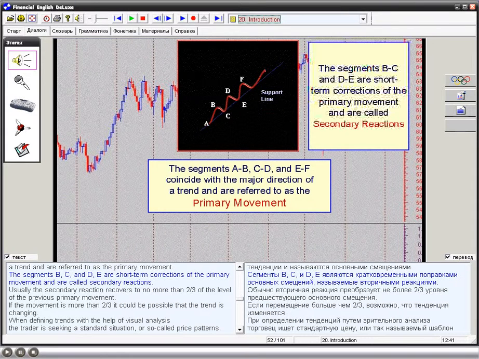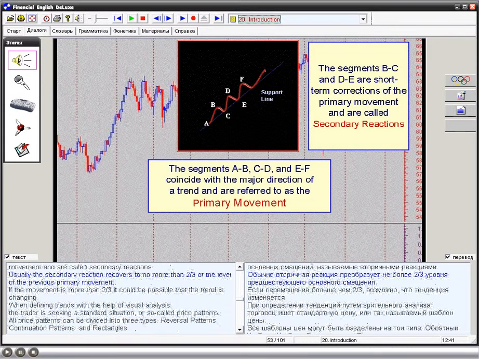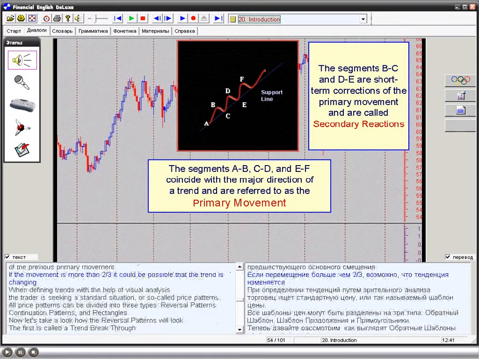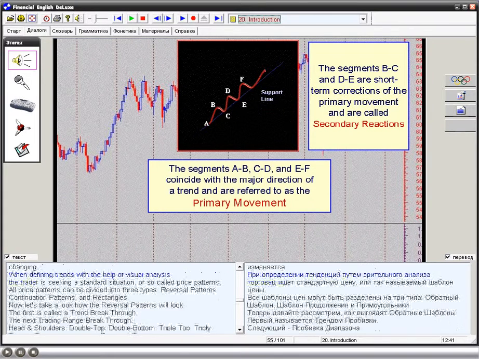The segments B, C, and D, E are short-term corrections of the primary movement and are called secondary reactions. Usually, the secondary reaction recovers to no more than 2/3 the level of the previous primary movement. If the movement is more than 2/3, it could be possible that the trend is changing.